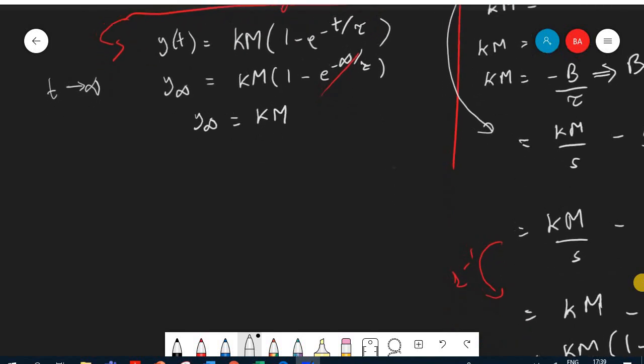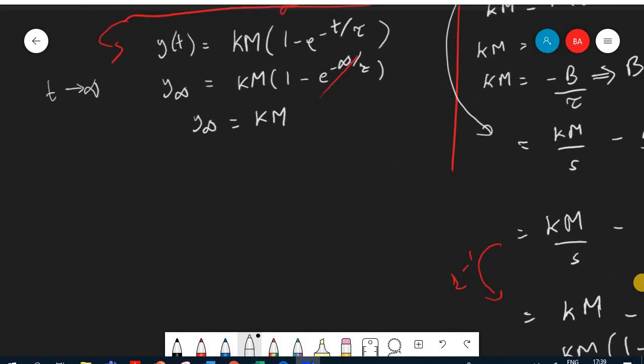Now I know the new steady state value. If you have a step input, you know what the new steady state value is. It means that if I have a response of a certain height, I will know the new steady state value of the height, by knowing the sensitivity of the process.